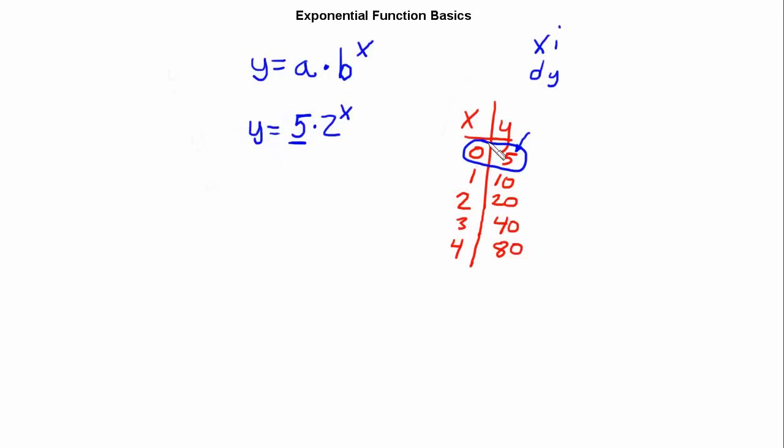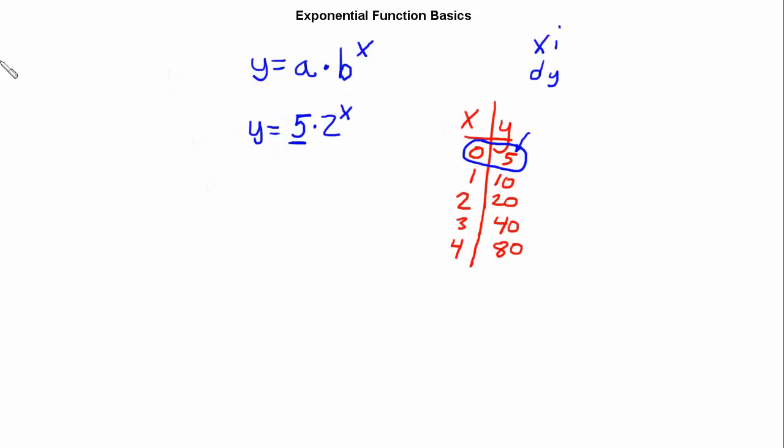The first spot you will want to look in your table, if you've got the table, is when x is 0. Because when x is 0, that is going to give you your a value in the y column. That is where you can pick this a value up from. It's right here. When x is 0, y is 5 in this case, and the 5 appears as the a value. That will always be the case.